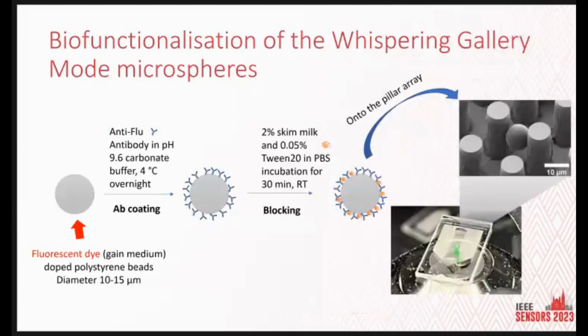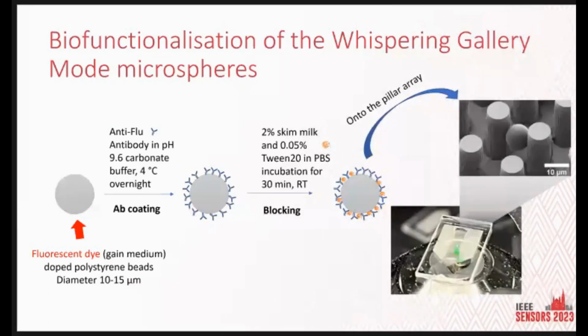So for biosensing, as I mentioned, we need to have antibody coated spheres. So this is basically what we use to coat influenza A antibody on these surfaces. I also want to point out that the microsphere typically contains fluorescent dye, as I mentioned previously, actually using the active medium inside these whispering gallery microsphere resonators.